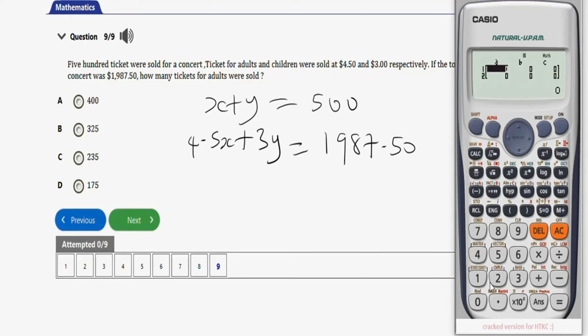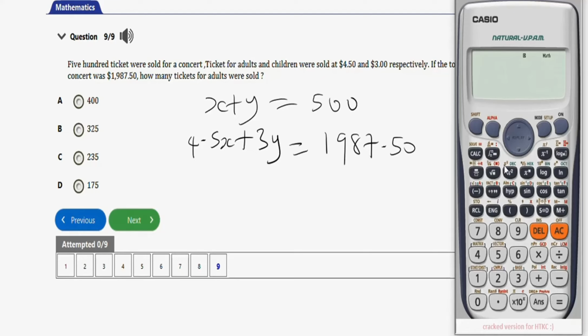So equation 1, the coefficients we have are 1, 1 and the constant 500. Then equation 2 we have coefficients 4.5 and 3. The constant is $1,987.50. So that's it. Press equal to, now press equal to again to get x and y.